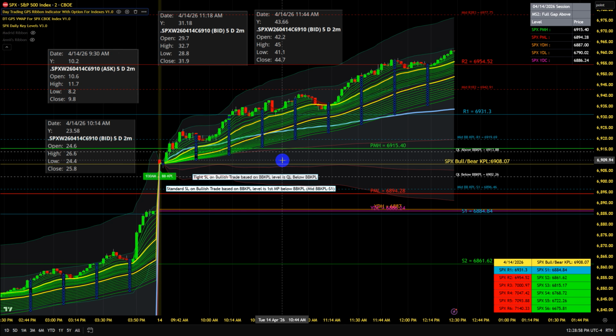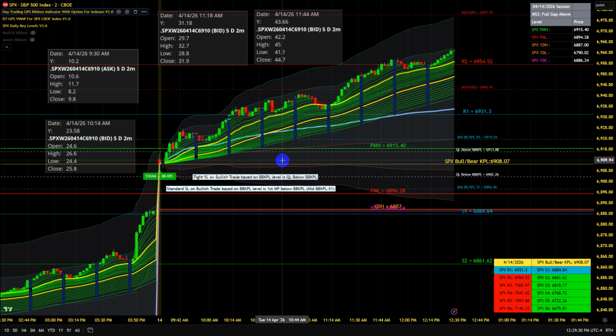The additional advantage of this type of ribbon indicator is that you can do a dual screen. So you can have one screen with the filter turned off, which would be the regular ribbon, when you're using it on SPX or XSP or another index, and then a side-by-side second one with the filter on.